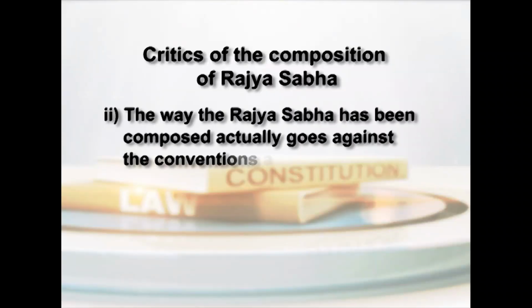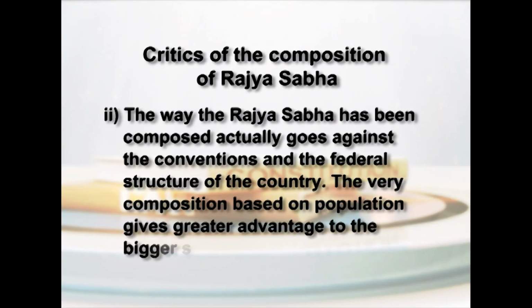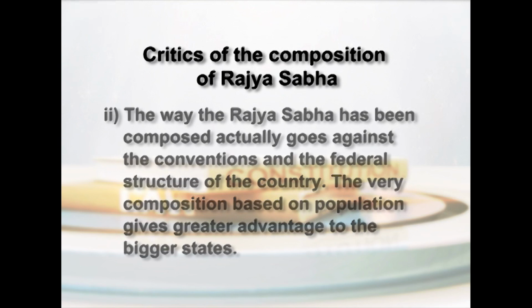Secondly, it has been pointed out that the way the Rajya Sabha has been composed goes against the conventions and the federal structure of the country. In fact, the very composition based on population gives a greater advantage to the bigger states.